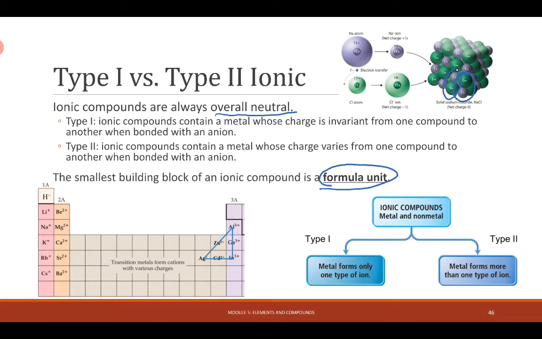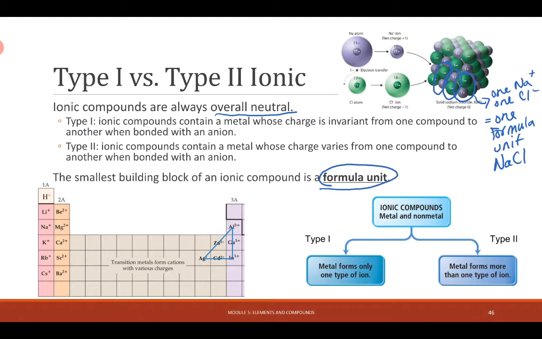And so you can see in this figure, the smallest building block is an alternating pattern of 1 sodium and 1 chlorine ion. And so the smallest building block is 1 Na, 1 Cl ion equals 1 formula unit, which has a formula of NaCl.